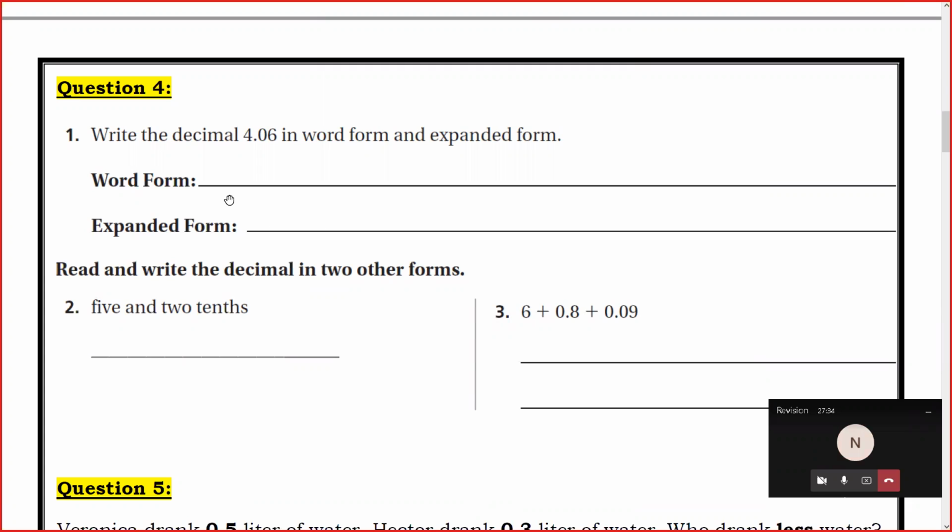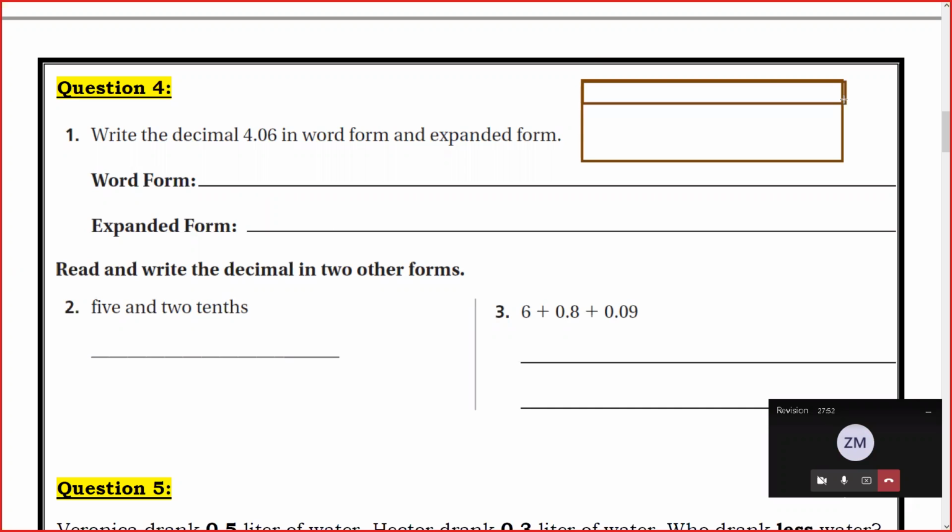Now here, question number 4. Now we are going to talk about the decimals. Let's remember now the place chart of the decimal. Here we have ones.